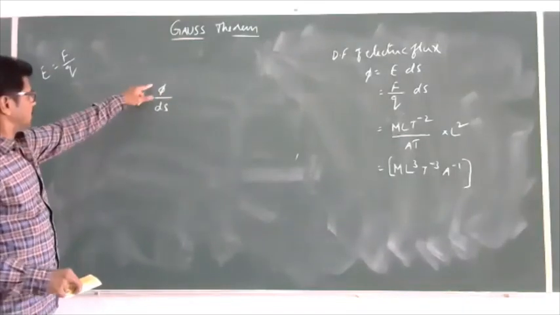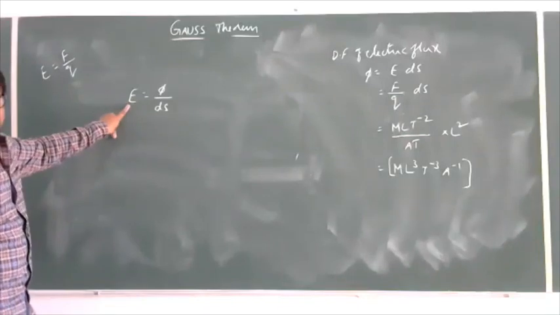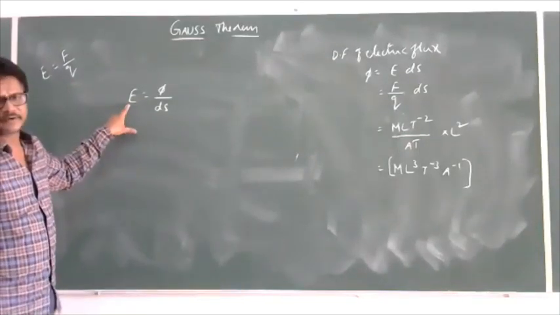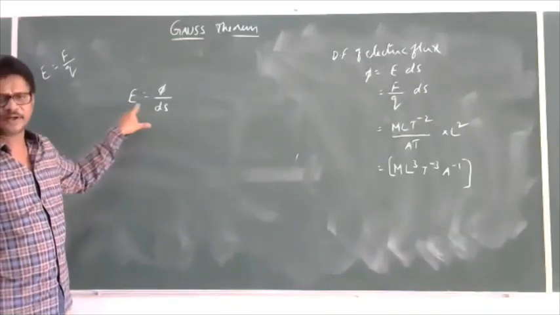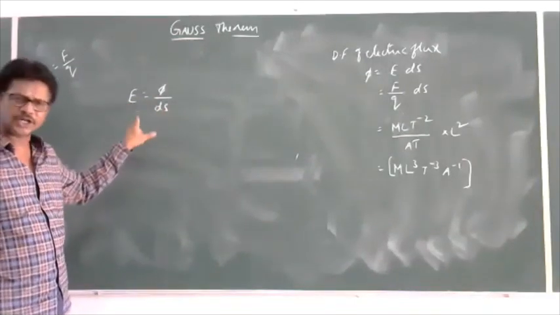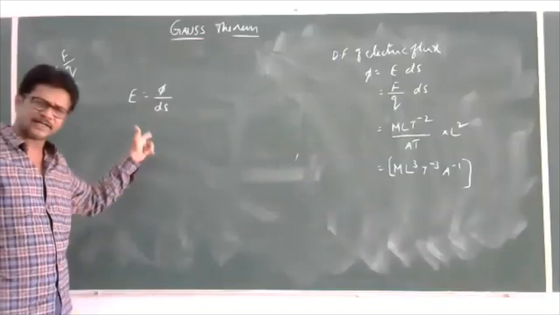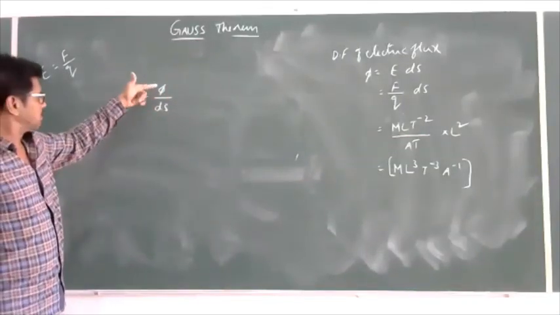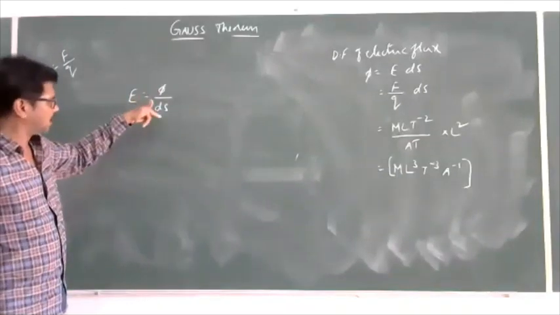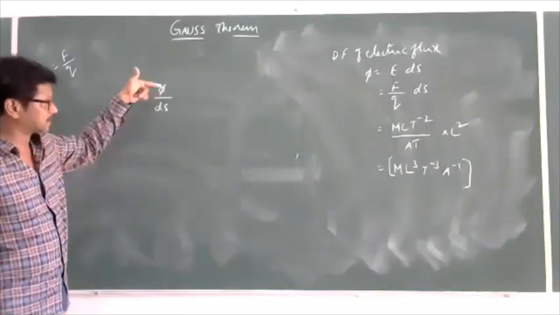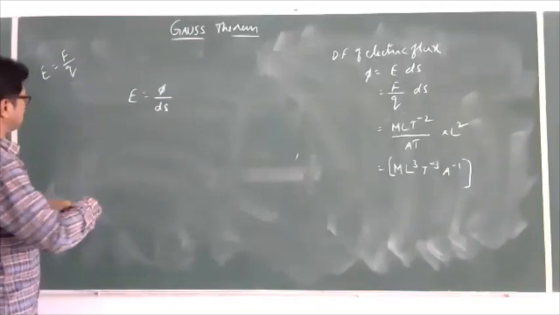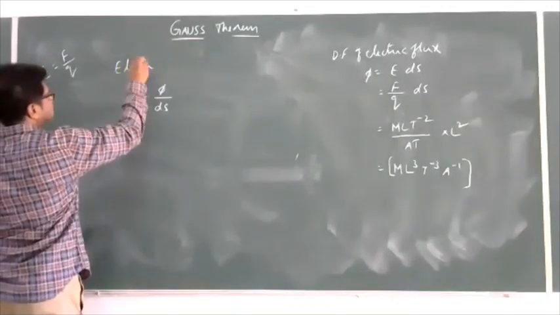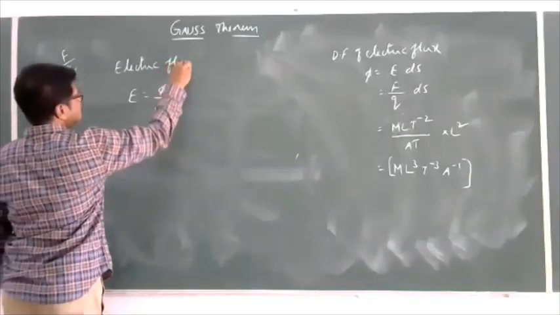So generally E is nothing but, still now we are calling it electric field intensity or electric intensity or strength of an electric field or electric field strength. But here, because we are using the new formula in terms of the flux, that's why E is also called electric flux density.